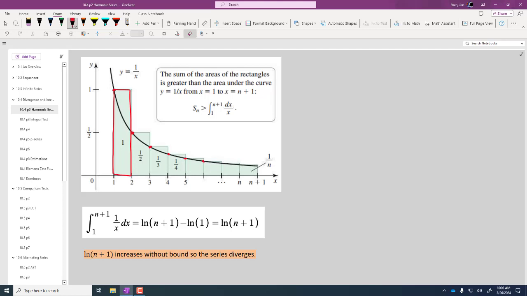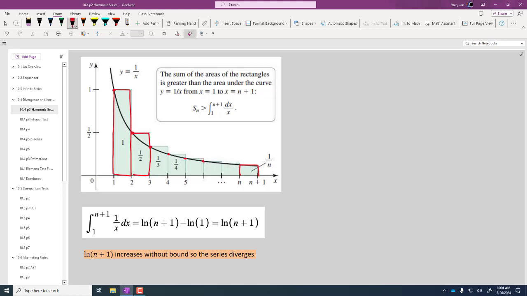Okay, so here's the first term. There's S sub 1. And then if we add the second term onto it, the sum of those two green areas, that's S sub 2. And if we go all the way down here and look at this last rectangle right there, the first rectangle, the 1 is on the left.